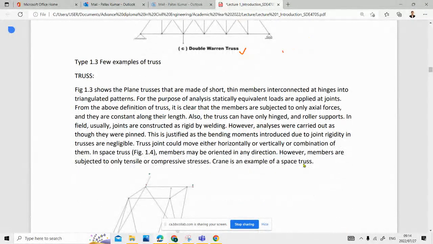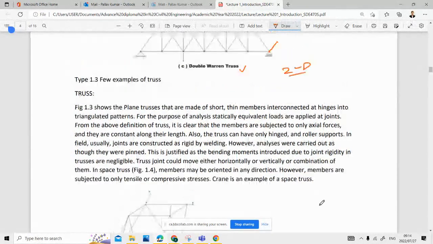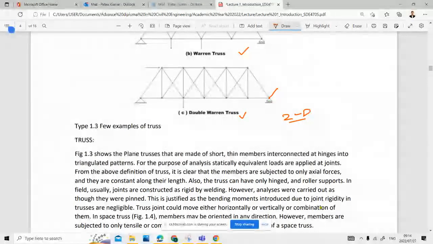So these are all 2D structures, right? We analyze them in 2D, although if you make it 3D, there will be another set of arrangement running on the other side of the truss.